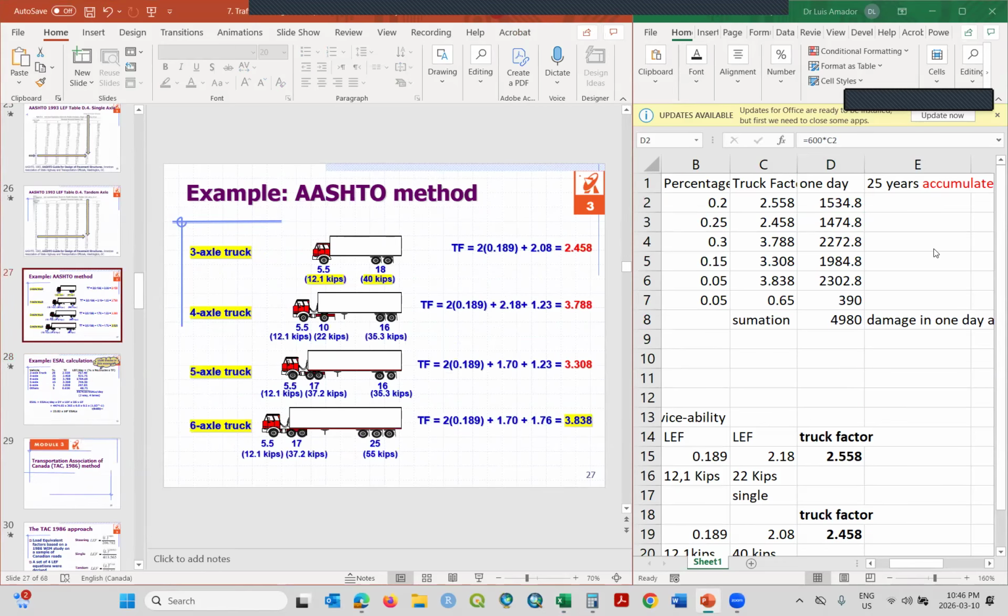Okay, yes, because I have a different calculation there. So here I don't have to divide by 2. This is the damage in 1 day, all trucks on the design lane. And now I multiply this by 365. So this is my damage in 1 year.